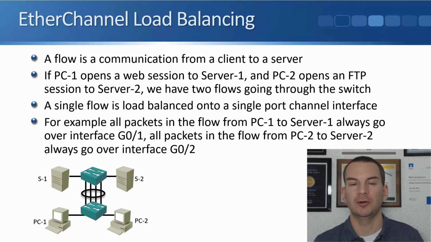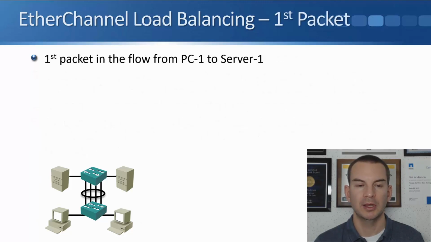And with EtherChannel, a single flow is load balanced onto a single port channel interface. For example, all packets in the flow from PC1 to server 1 always go over interface gig 0/1. All packets in the flow from PC2 to server 2 always go over interface gig 0/2.